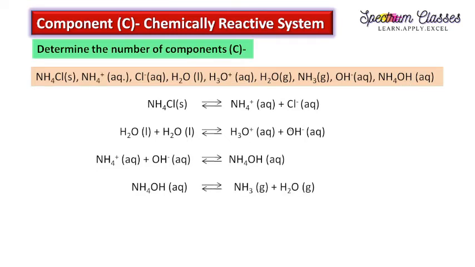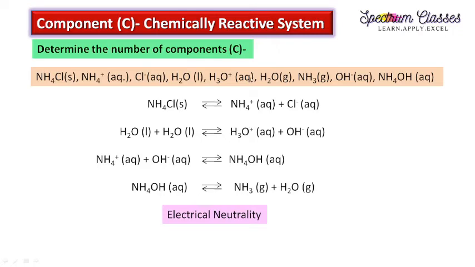The next equilibrium is this NH4OH dissociating into NH3 gas plus H2O gas. Since plus and minus charges are involved in these equilibria, an electrical neutrality equation is also there. So this many equilibria are established for the given species.